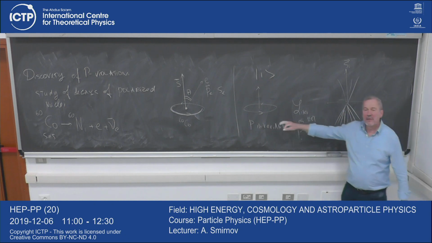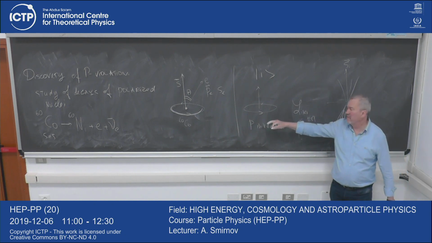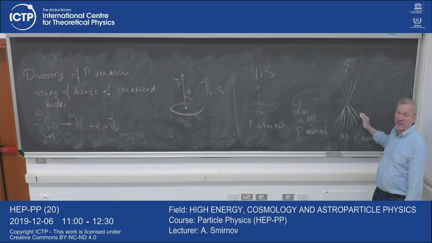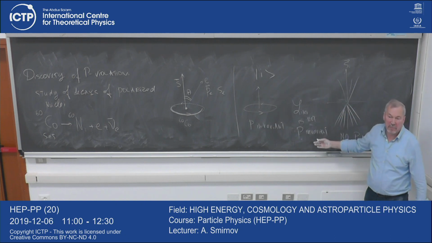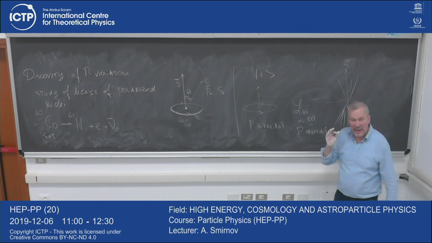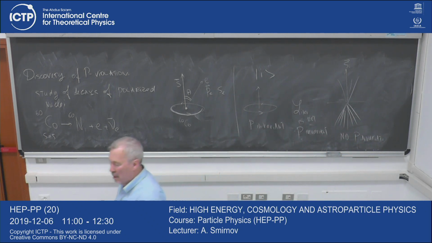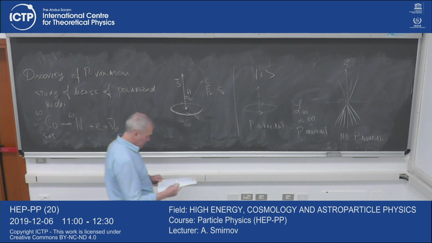You see, it is important that the initial state is P invariant, because if it is not invariant, and in the final state you have something which is not invariant, then your Lagrangian can be invariant. So what is important is that the initial state is invariant and the final state is not. And therefore the Lagrangian should not be invariant under P transformations.